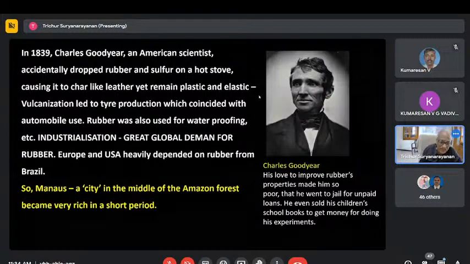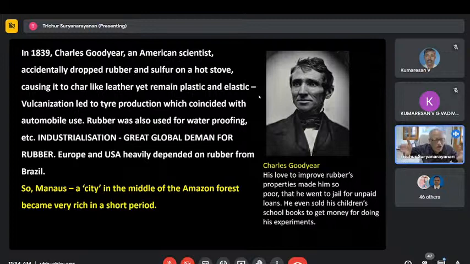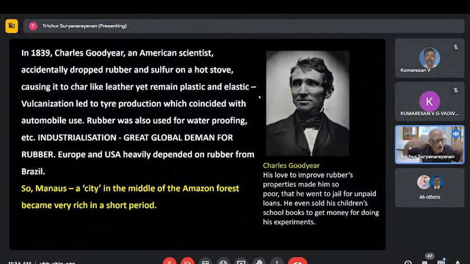And when this accidental discovery was made, people were extremely happy. Now we could make rubber which is more durable. And by that time, Henry Ford started manufacturing cars, and for automobiles, tires were needed.